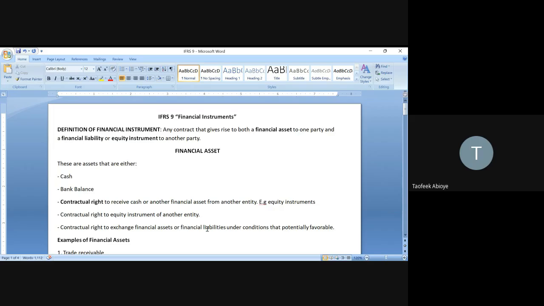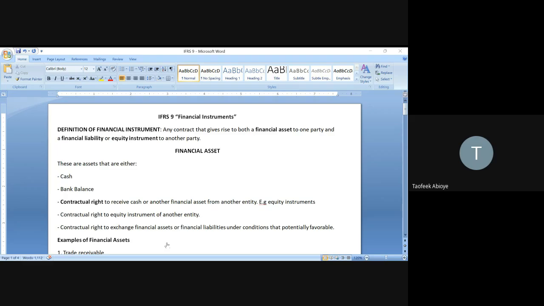Now the next one, a contractual right to an equity instrument of another party, which is somehow the same thing as the first one. You can sell those shares, which are an equity instrument, to collect another one; you can exchange it with another person. It is your right. Then a contractual right to exchange financial assets or liabilities under conditions that are potentially favorable.